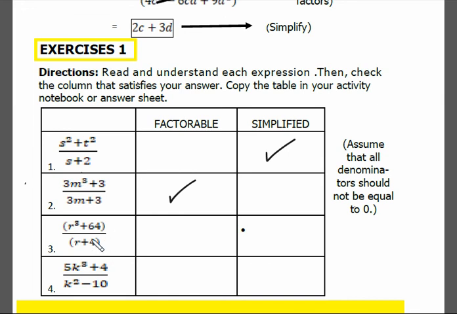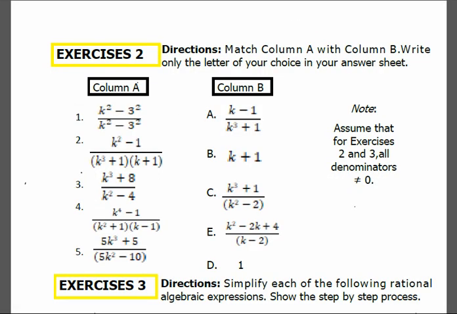So for number 3, r cubed plus 64 all over r plus 4, it's still factorable. And for number 4, it's 5k cubed. It is already in simplified form, so we can check this out. We're done with exercise number 1.